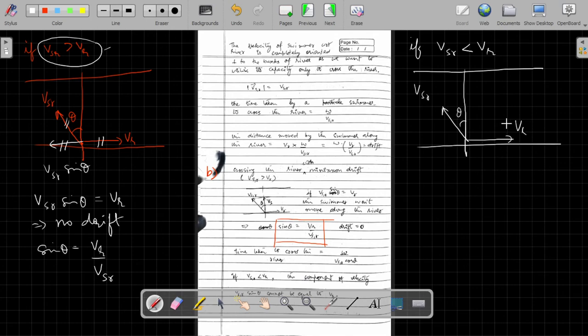So we know that the distance of drift is this particular distance, right? So velocity of man in x direction would be what? It would be velocity of river minus velocity of swimmer with respect to river and the sine theta component which we are subtracting. But since they won't be cancelled out, there would be some drift in this case.